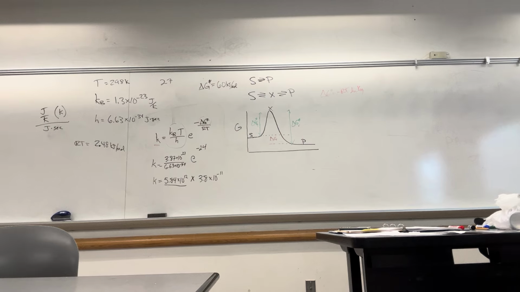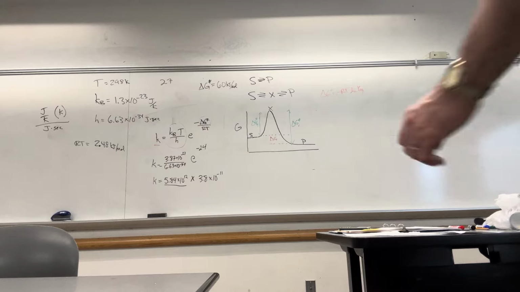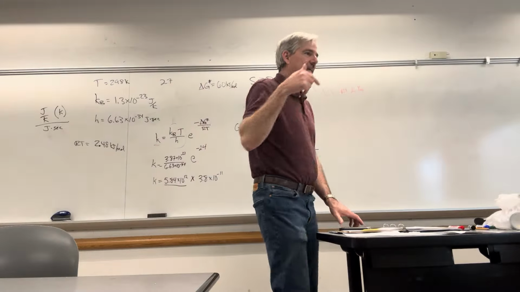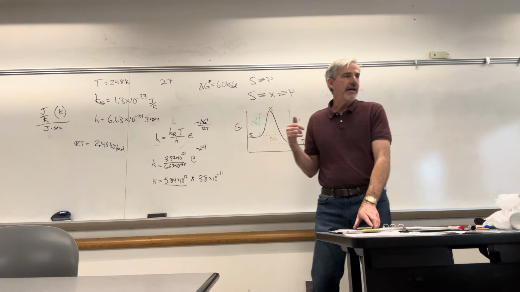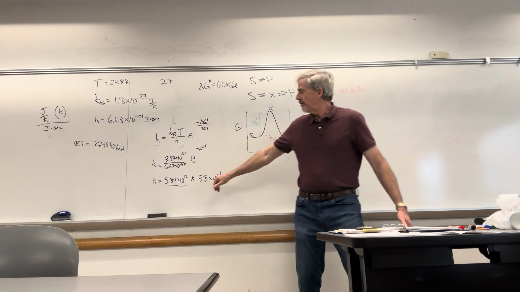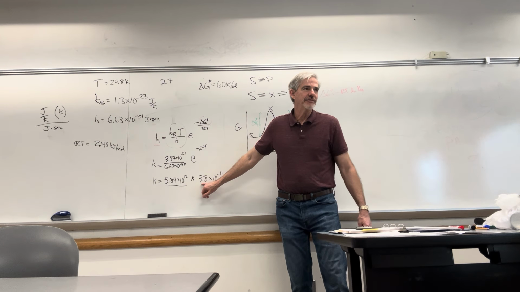Does your calculator, if I say inverse, does that mean anything to you? On my calculator, it'll actually pull up E, 2.7, whatever. But 3.8 is close enough to 4 that that's just from the rounding error.